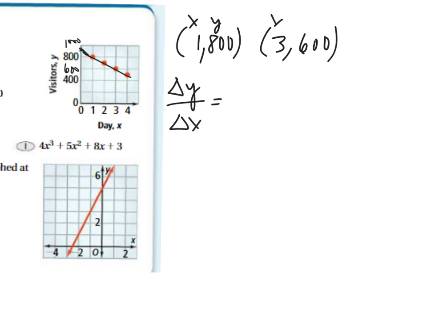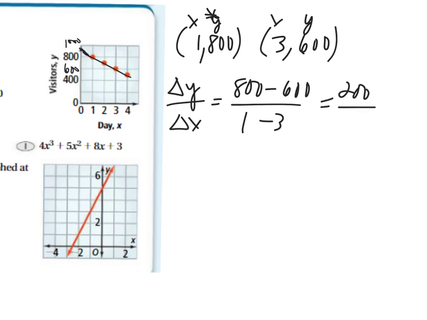And so we can find the slope, since we know it's a straight line. Keep the same order for the x's that you did for the y's. And that would be negative 100 for the slope.